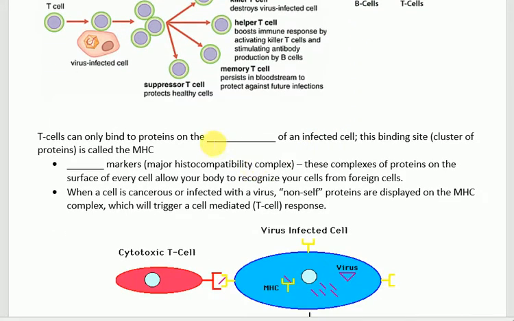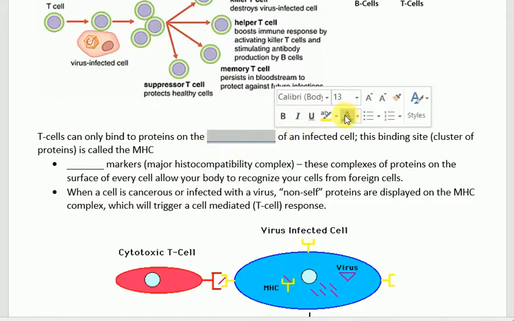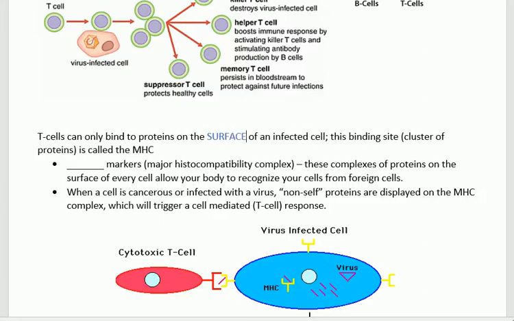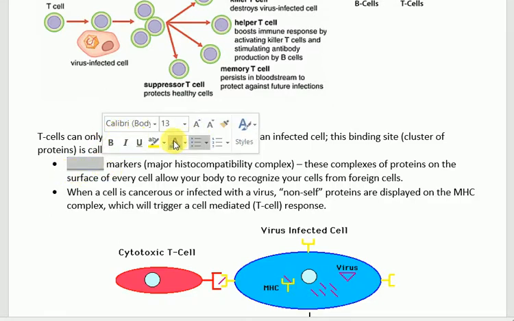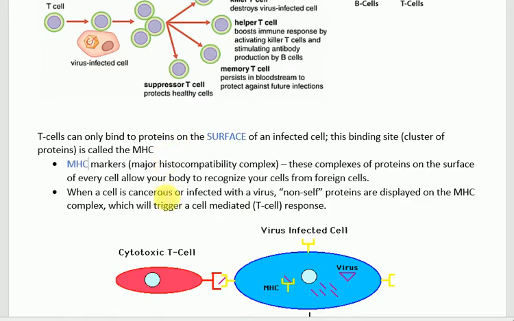So our T cells can only bind to the proteins on the surface of an infected cell. And this binding site, which is a cluster of proteins, is called the MHC. So the MHC markers, which by the way, MHC stands for Major Histocompatibility Complex.